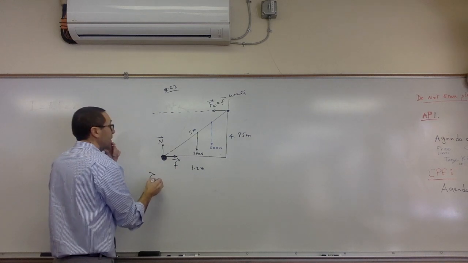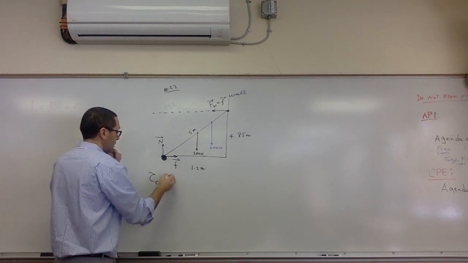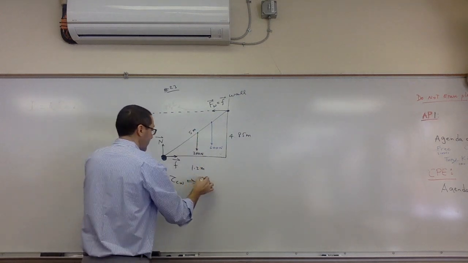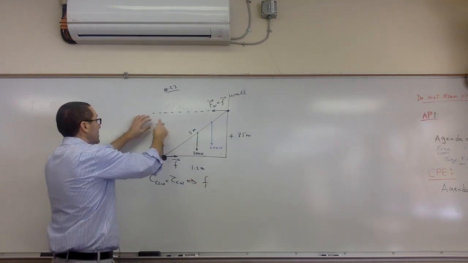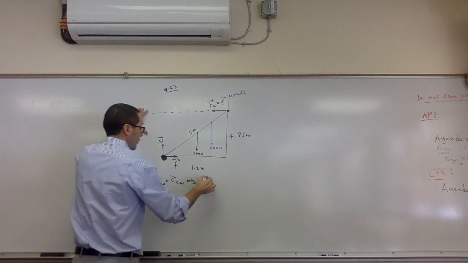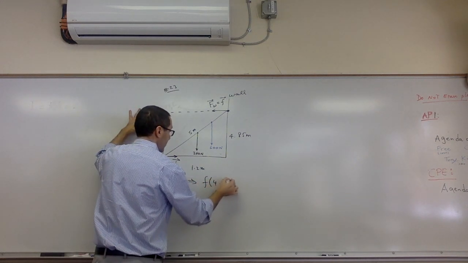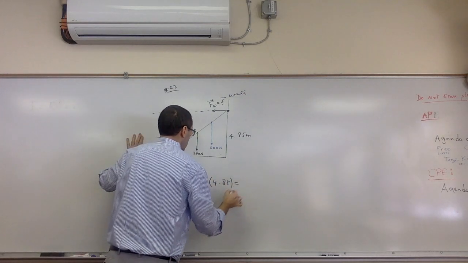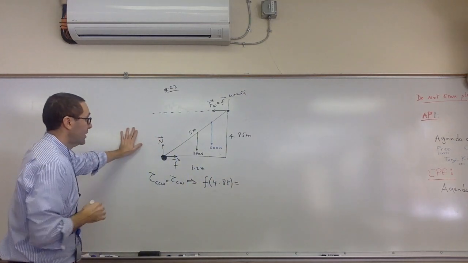So that's going to be, and we're going to avoid doing that sine and cosine stuff, right? Which we technically already did, to find this length here. So counterclockwise torque equals clockwise torque, okay. Which means F times this distance here, which is 4.85, that's the torque caused by F wall, right? Equals, now let's look at the torques caused by the other guys.